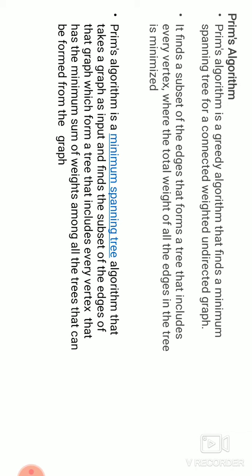So that is the minimum spanning tree algorithm. Prim's algorithm takes the graph as an input and finds the subset of all the edges of that graph from which we form trees which include every vertex that is there in the main graph, and the sum of the edges which leads to minimum weight will be considered the minimum spanning tree.